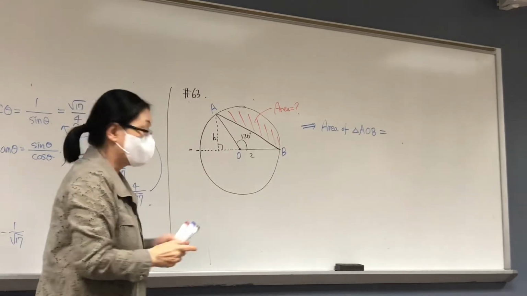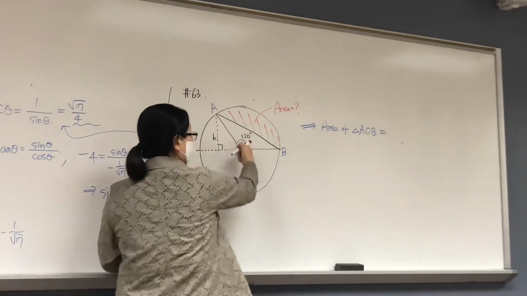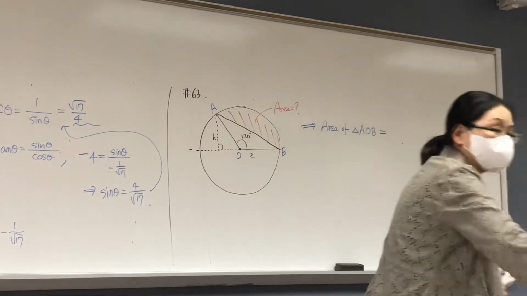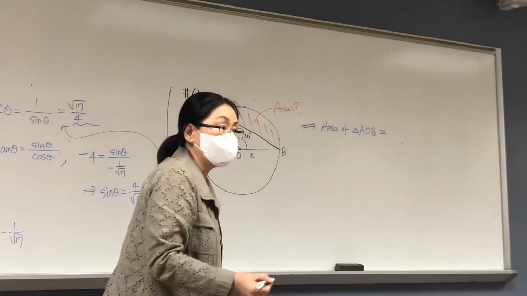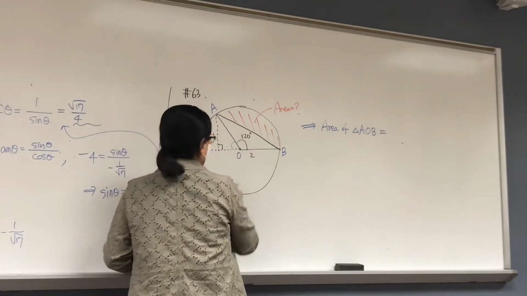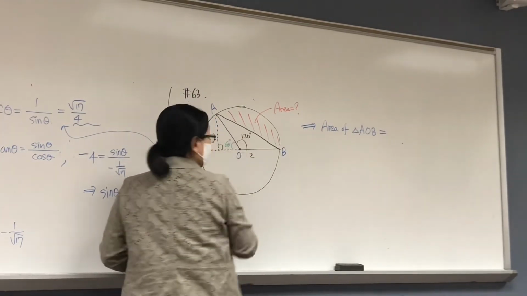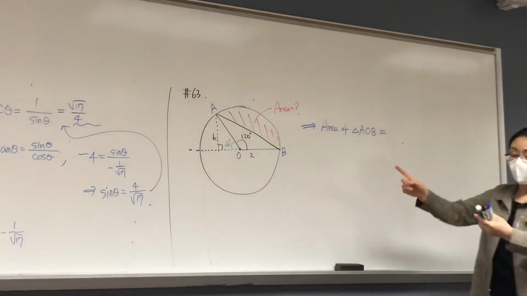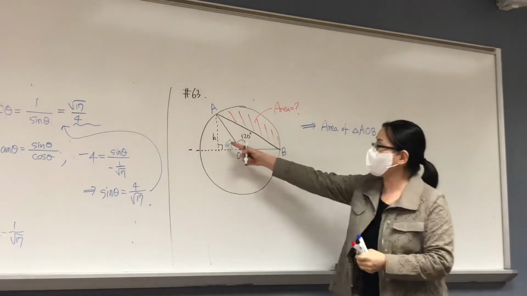Yes? Now, let me ask. Because this angle is greater than 90, you should measure the reference angle. Am I right? So what is this angle? Of course, 60, isn't it? Yeah, because it's like half. And then how do you measure h from this triangle?